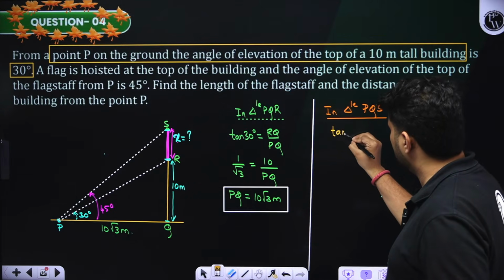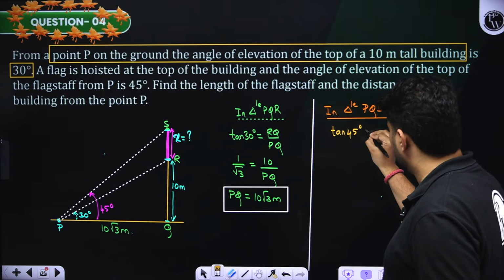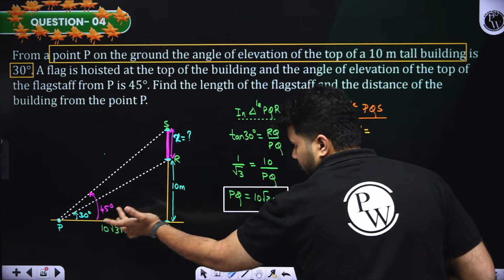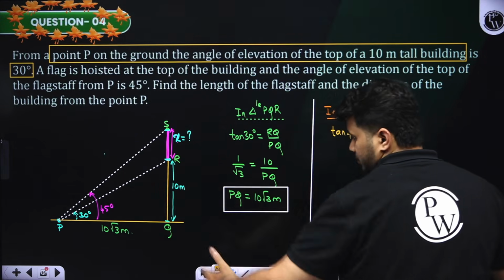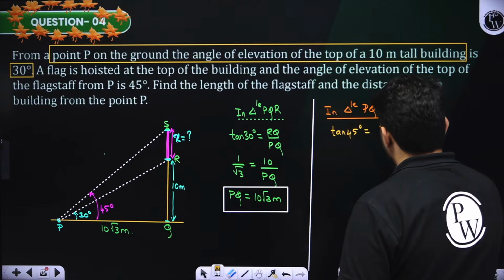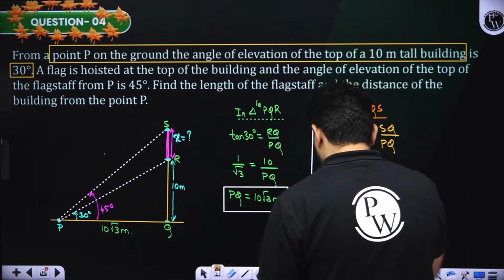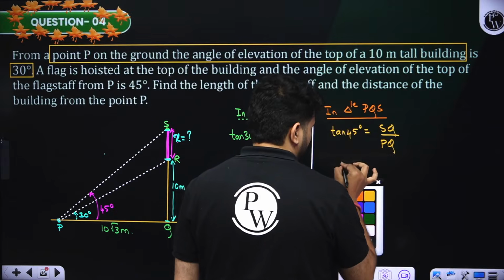Tan 45 degrees is equal to the opposite, SQ, divided by the base, that is PQ. Clear? Tan 45 degree value is 1.